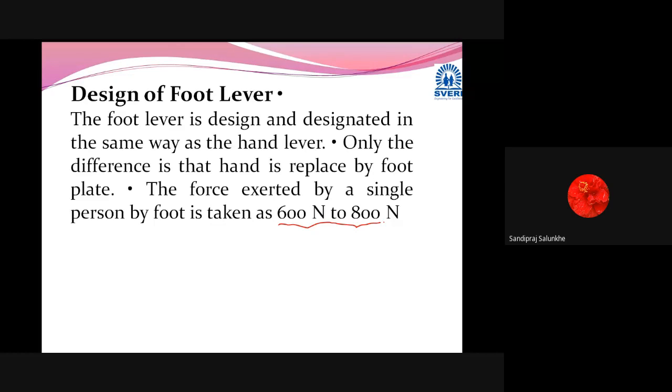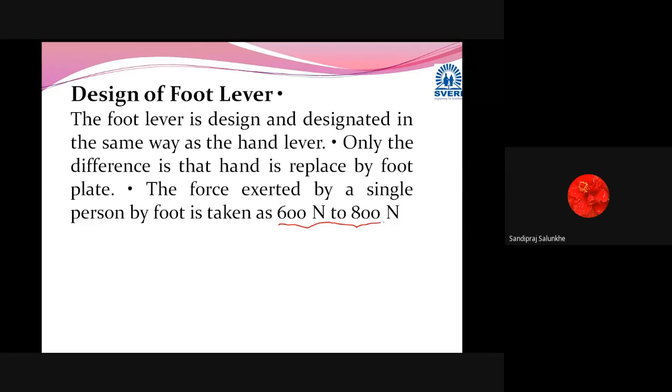Whereas when you are going to design a foot operated lever, otherwise all the procedure is going to remain the same. When you are going to use a bell crank lever which we can operate with the hand, that is hand operated levers, and in the same way if you are going to design a bell crank lever which we can operate with the foot, then the only different thing is the force which we can apply with the help of hand and with the help of foot.